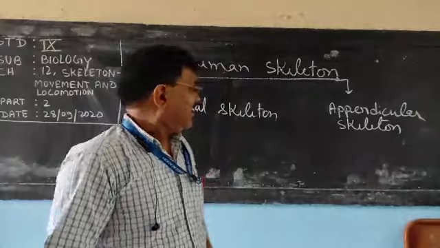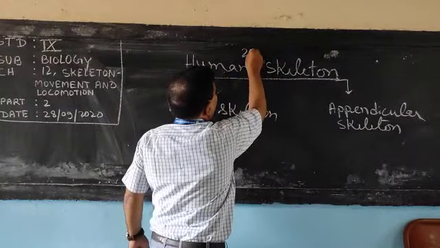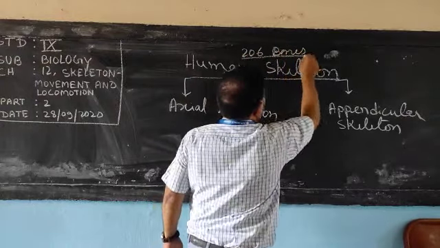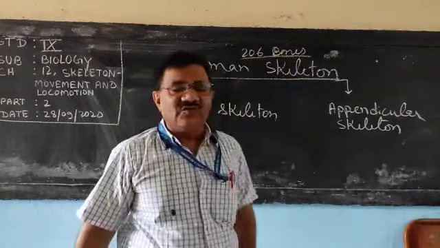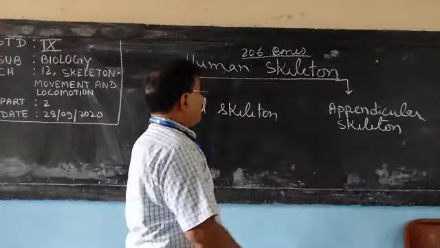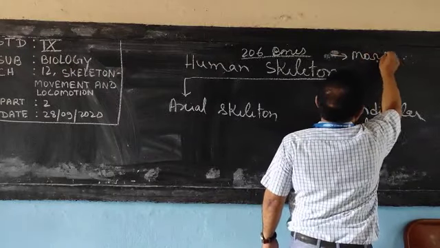We know that in an adult, 206 bones are there, but when we are born, we have more than 300 bones.